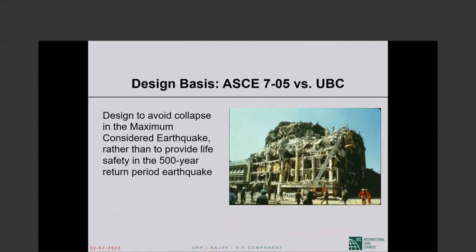I would very much like you to realize that this major transformation happened as we went to the new generation of codes, IBC, based on ASCE 7. Okay? We used to design to provide life safety in the 500-year return period earthquake. We now are designing to prevent collapse in the maximum considered earthquake, which I haven't defined for you yet. Okay?